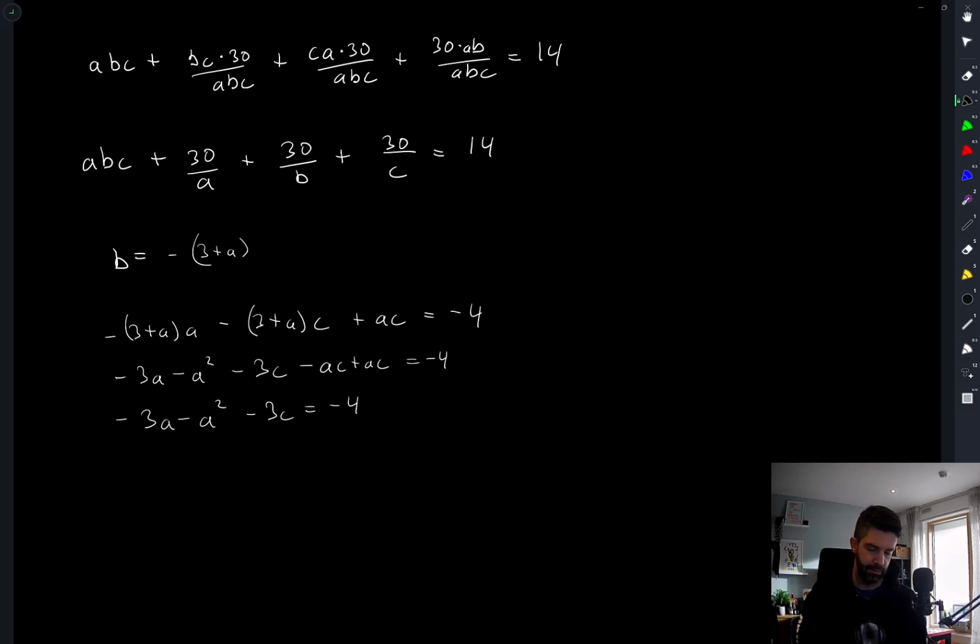So I have A in terms of C, or C in terms of A. I don't see this helping in any way. I think we're probably going to be better off taking the 4 equations and manipulating them until we get the sum of the squares.